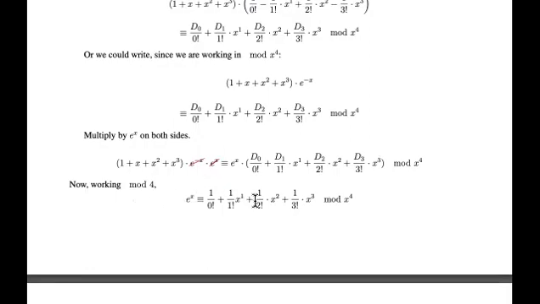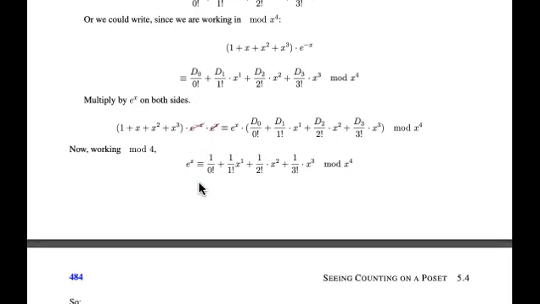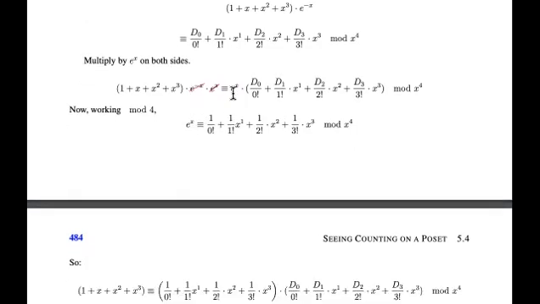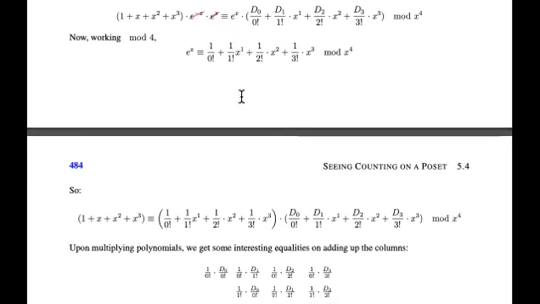So let's take a look at what we have so far. This is just what we know e to the x is. So this is just a statement of what e to the x is, mod x to the 4th. So this is not part of this equation right now. We're just stating it. And then we can substitute it in for e to the x over here, which is what we do here.